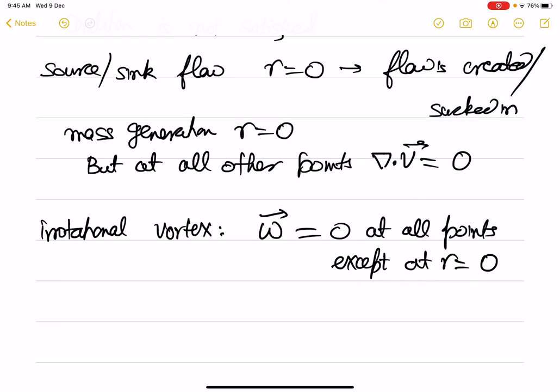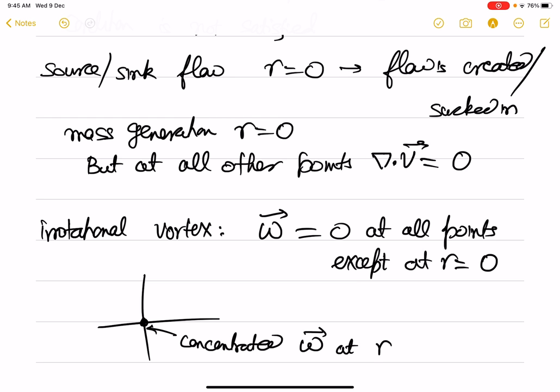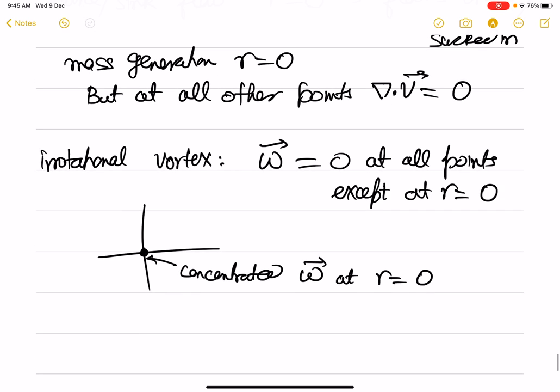So in this irrotational vortex there is a concentrated omega at r is equal to 0. And this has a particular significance.